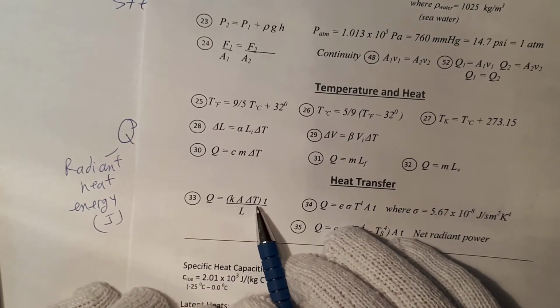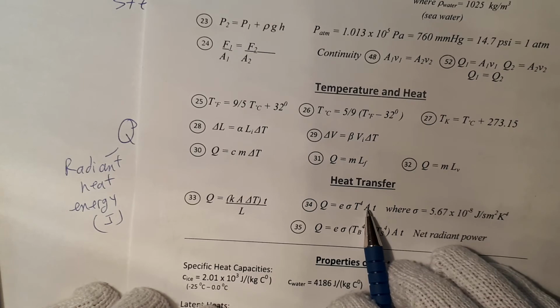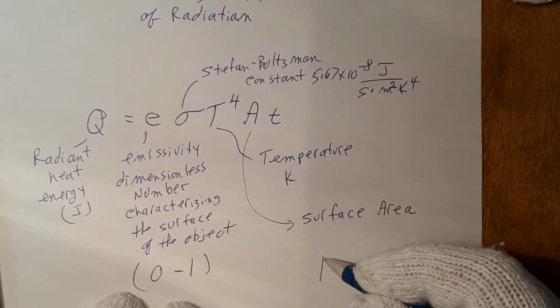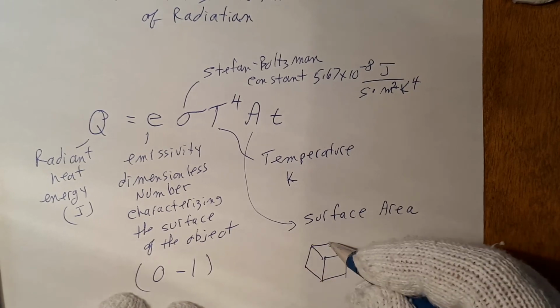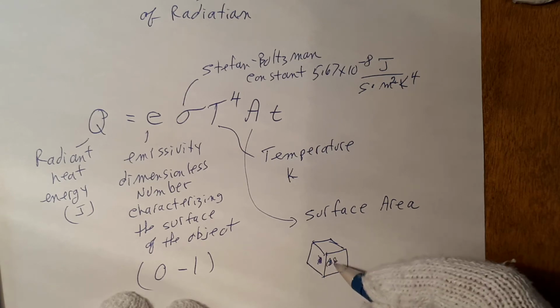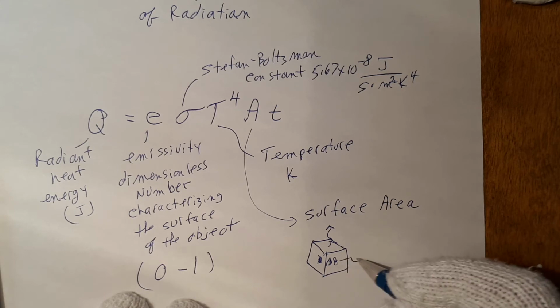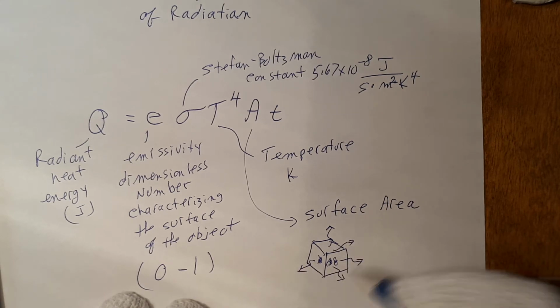In equation 33, A represented the cross-sectional area. Then this one is the surface area. So if I had a box, and in this box there was a fire inside, and it was getting hot, it will emit heat outward via electromagnetic waves in all directions from all surfaces.